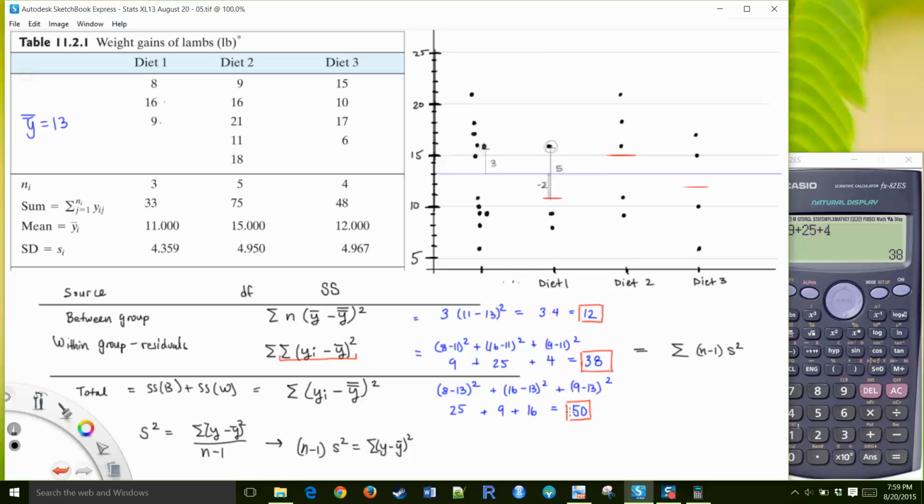So let me just continue this. Do you want to save changes to this document? Sure. And let's throw this up here.